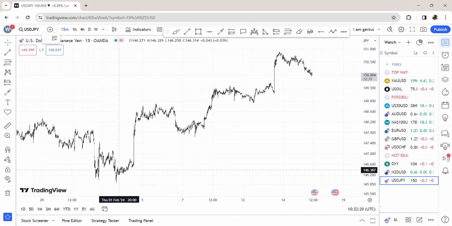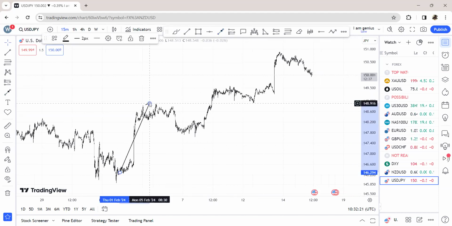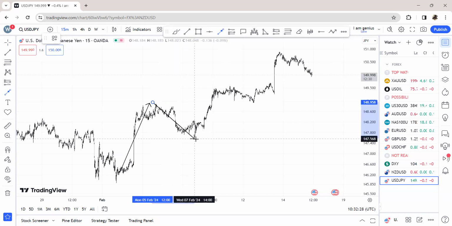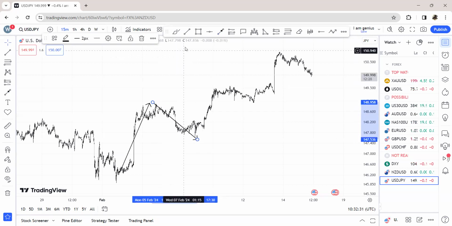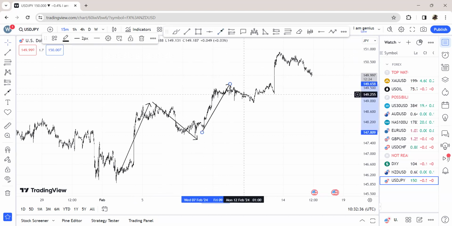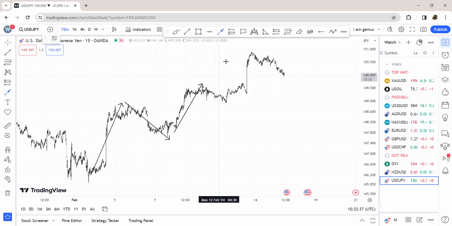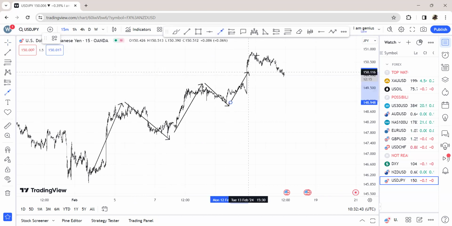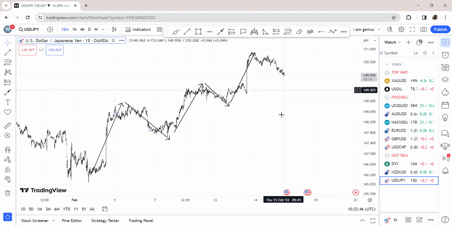If you pay attention, you notice that this market is moving in an uptrend because it has that impulsive move, this retracement, another impulsive move upwards, and this retracement here. Then another impulsive move upwards.